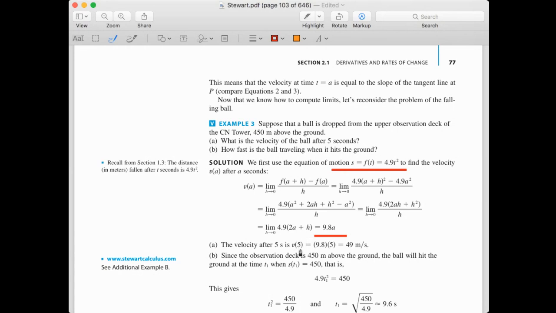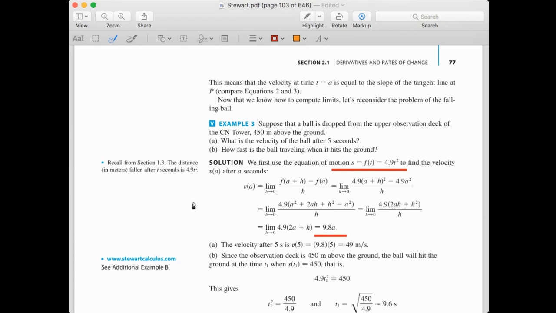Yeah, this A is okay, but usually you think of this as t. But the question does not use t, so A is a number. So V of 5 equals 9.8 times 5. That's 49 meters per second.